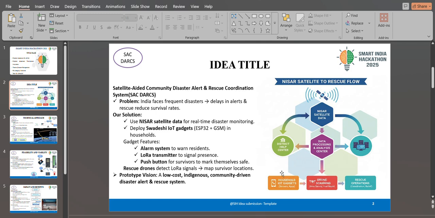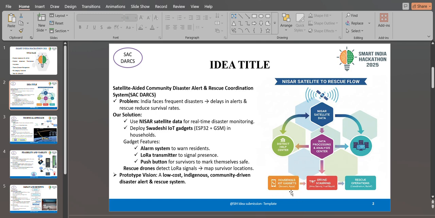They will activate the gadget by signaling the GSM module present in the IoT gadget, through which the LoRa transmitter and the buzzer are activated.